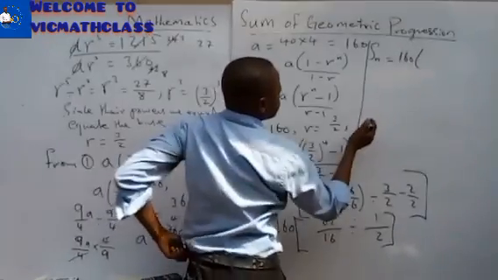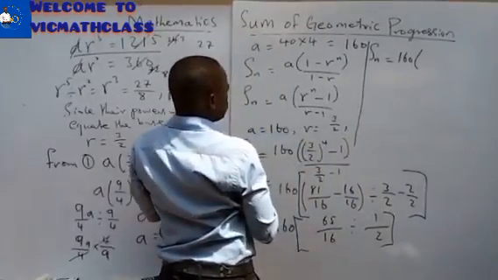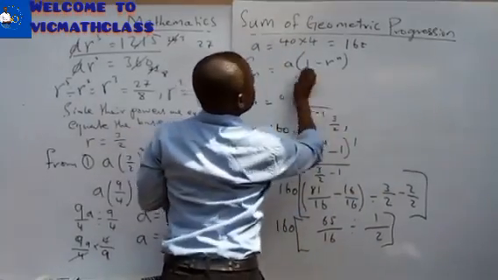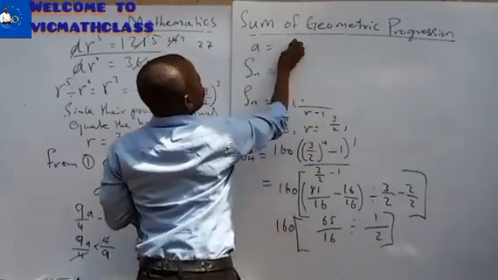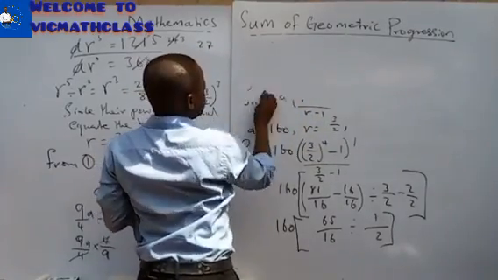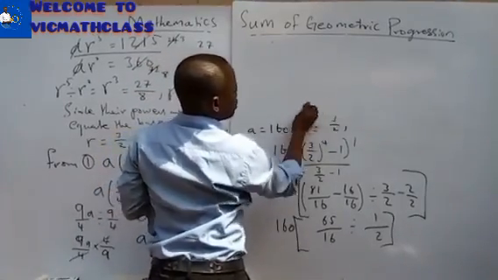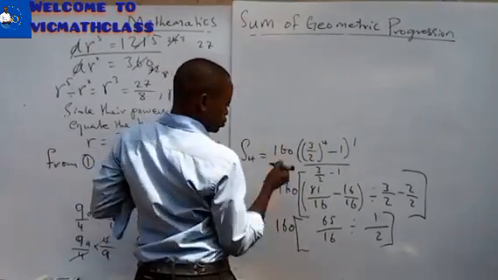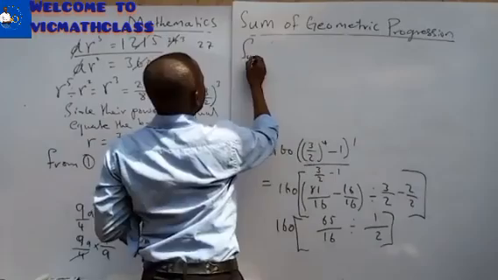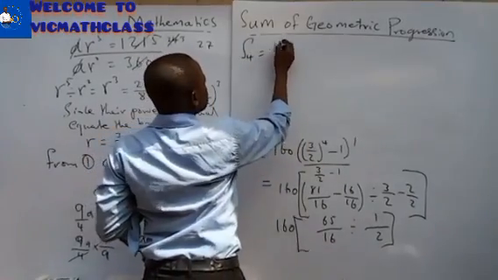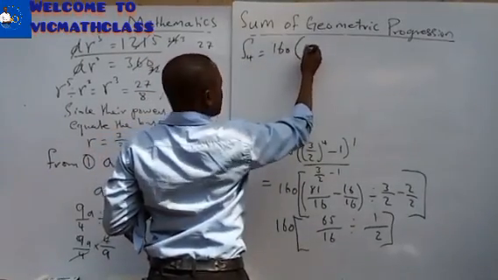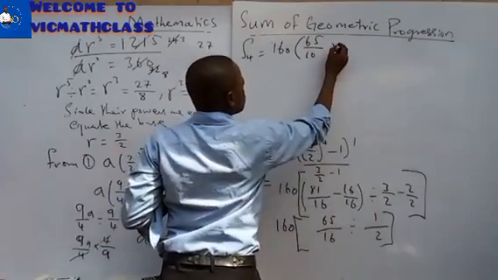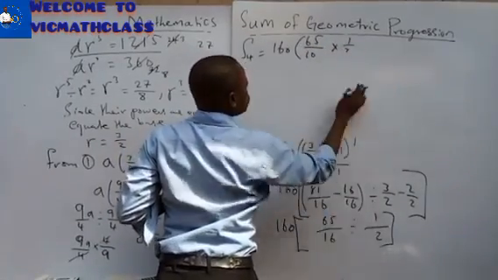Please, don't be offended, I'm trying to give you my best, so don't be offended that I'm taking your time. So S4 is equal to 160 bracket 65 over 16, then times 1 over, it will now become 2 over 1.